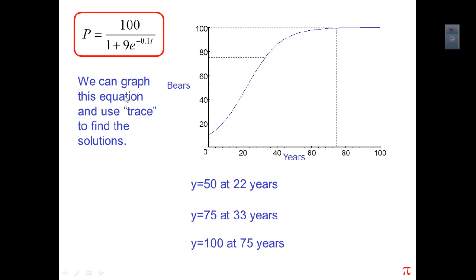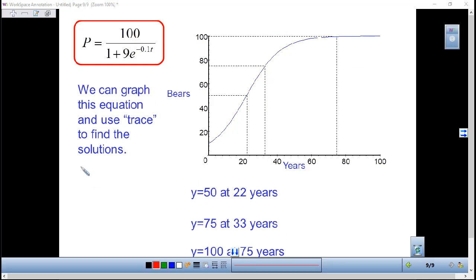Now, if you wanted to solve this or needed to solve this by hand, you could have done 50 is equal to 100 over 1 plus 9e to the negative 0.1t, and you're going to solve for t. So at that point, you could flip both of those, and 1 plus 9e to the negative 0.1t equals 100 over 50, which is 2.